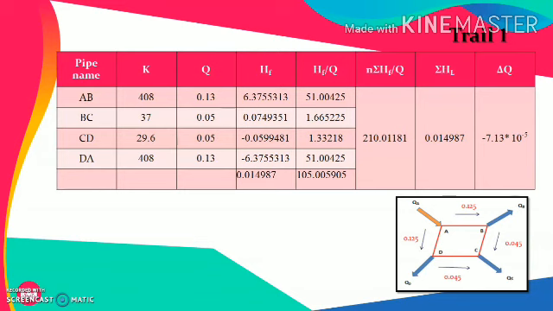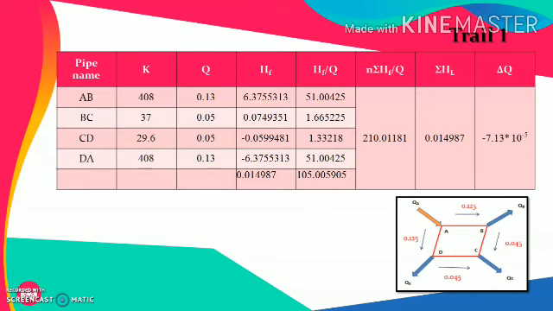Sigma HF upon Q is nothing but the sum of all values entered in the column of HF upon Q. Please remember that HF upon Q will have only a positive sign, because if the head loss is negative, we assume that the Q is also negative, even though not shown in this particular calculation. Because in Excel, if you give a negative value to Q, Q square will ultimately give you the positive value.